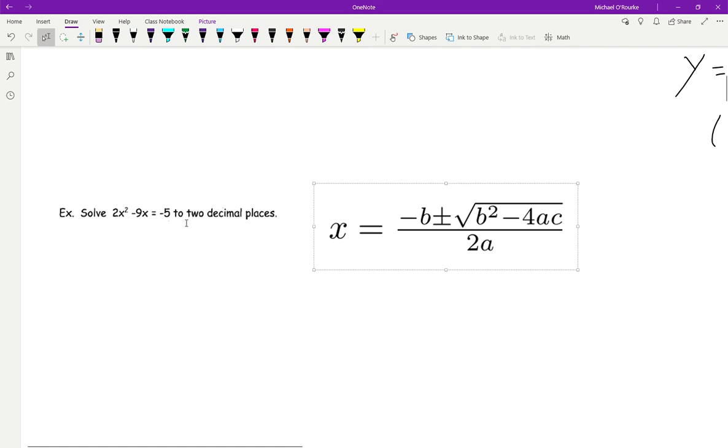Oh, this one's a little different too. If we take a look here, we have 2x squared minus 9x equals negative 5. Do we have to do something to this right away? Or can we just use it how it's written right now? Can someone tell me? Yes or no? Can we find A, B, and C right now? Or do we need to rearrange it? So R for rearrange and G for go.